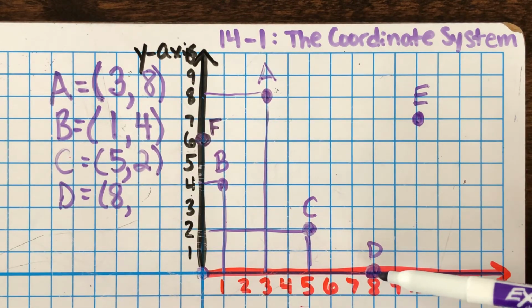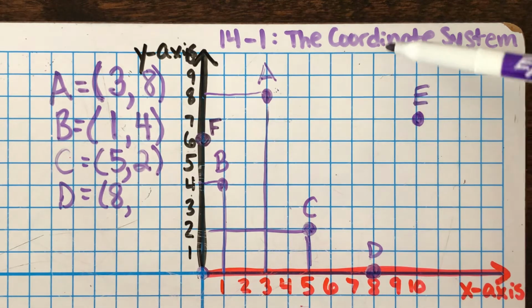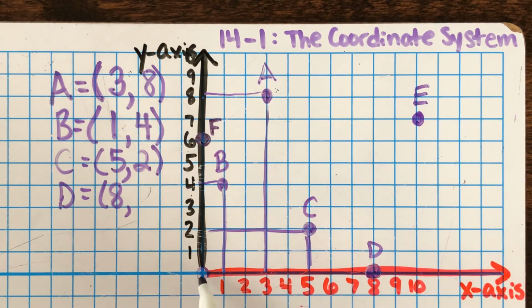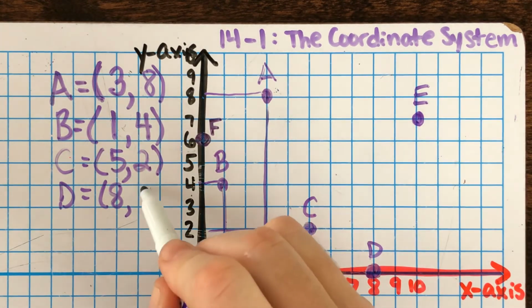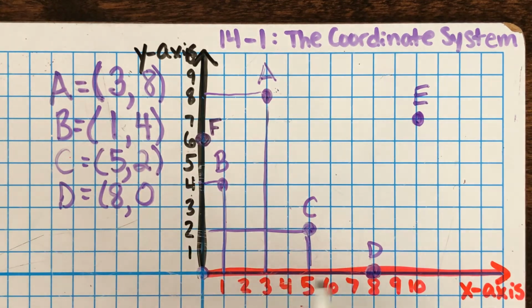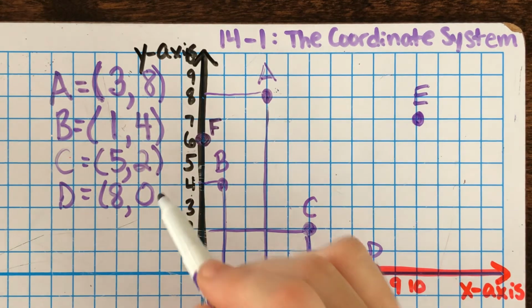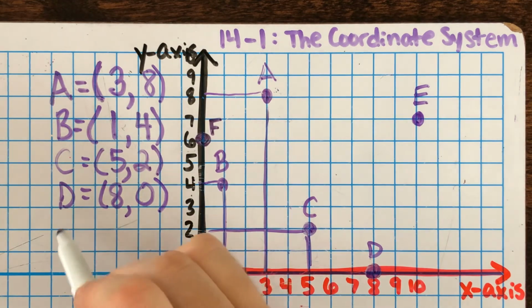How many times does D go up on the y-axis? It doesn't go up at all. It's at 0. So for our y-coordinate, it wouldn't be 1, 2, 3, or anything like that. It would just be 0. Over 8, up nothing. Make sure you have that parenthesis again.